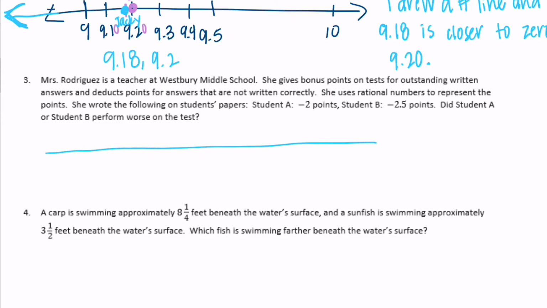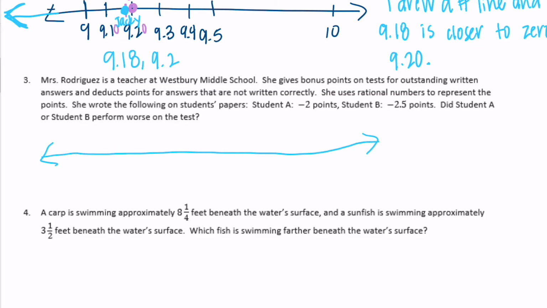Okay, number line. Never mind, we have negatives, so I'm actually going to put 0 on the other end. So we'll have -1, -2, -3.